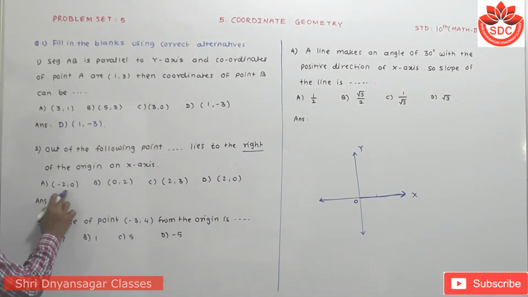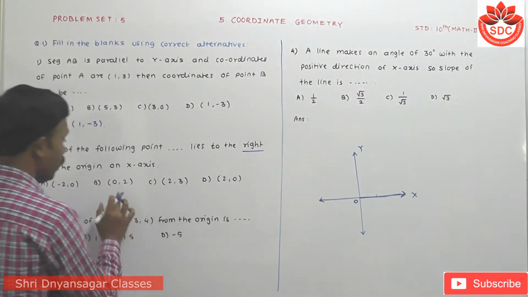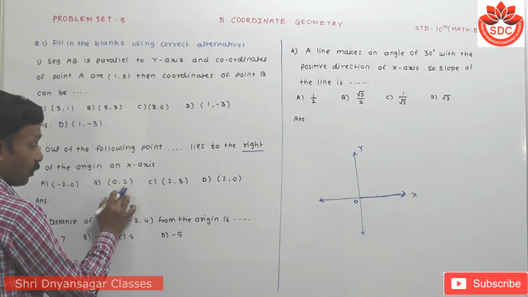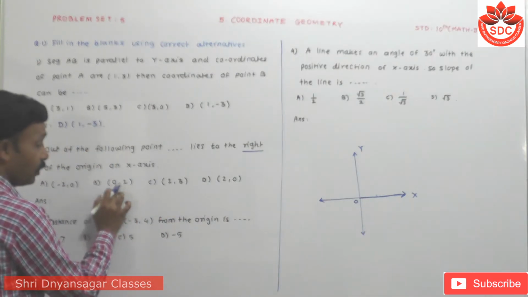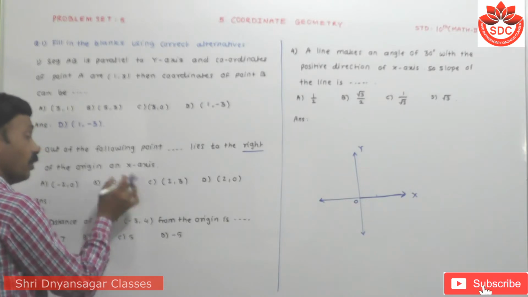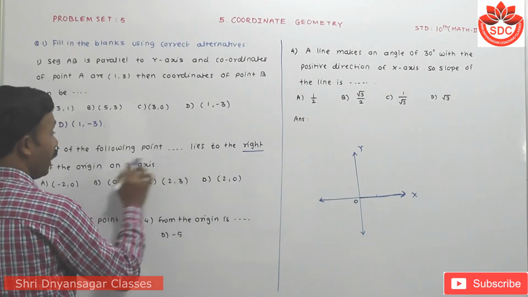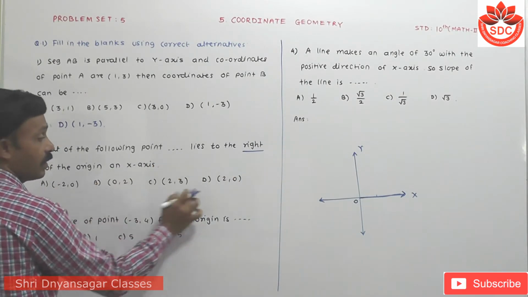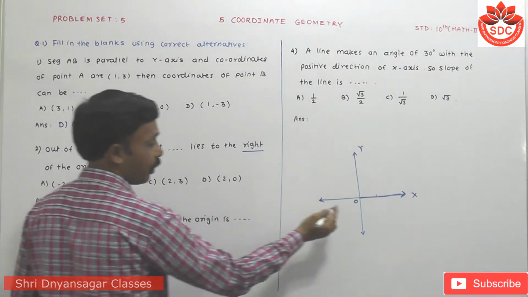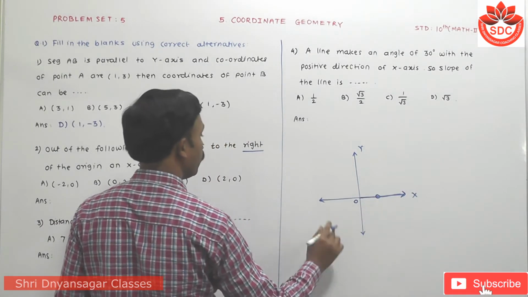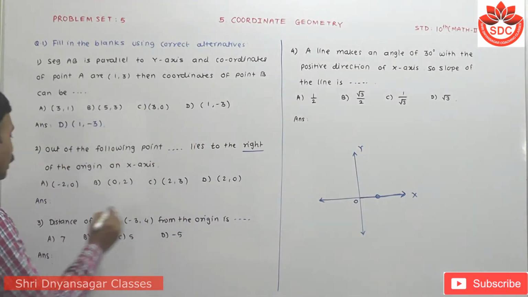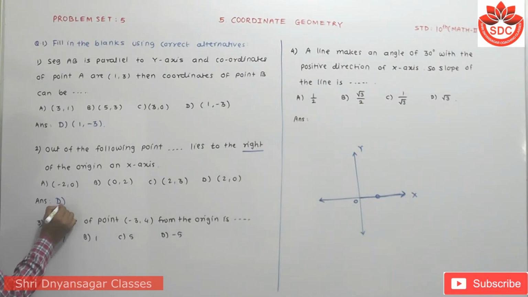Look carefully: the point (-2, 0) is to the left; (0, 2) has x coordinate 0 and y coordinate 2, so it lies on the y-axis. We want the point to the right on the x-axis: (2, 0). Yes, this point lies to the right, so the answer is D, (2, 0).